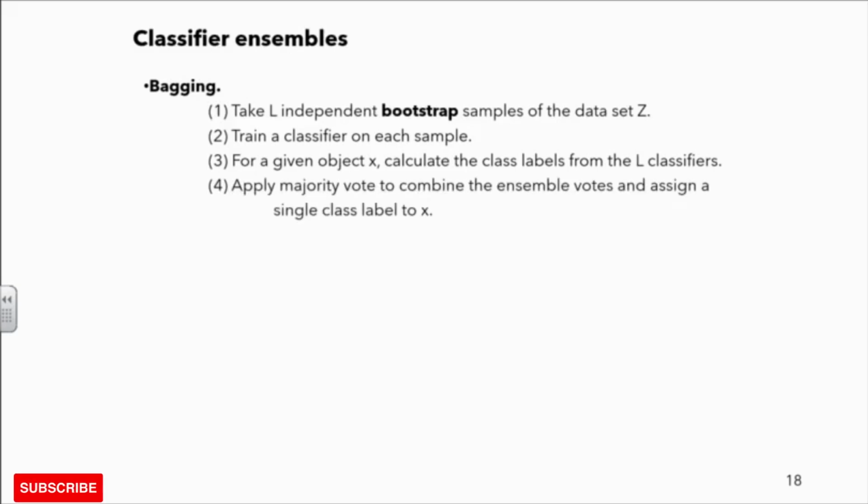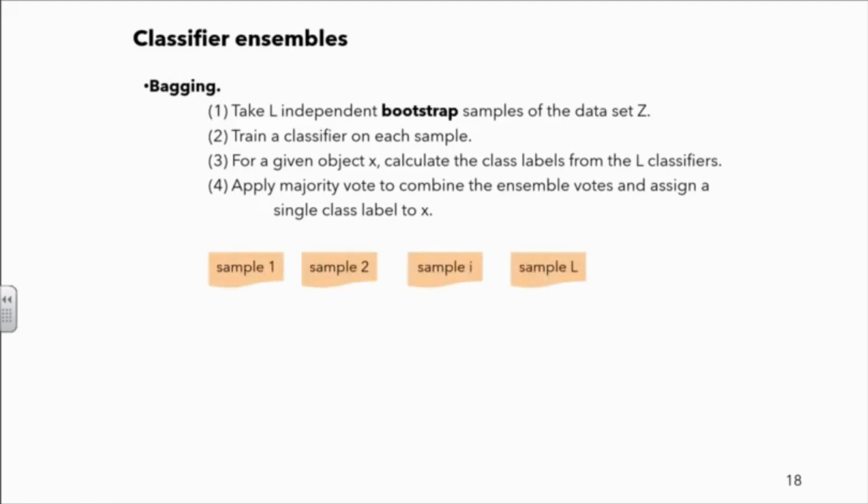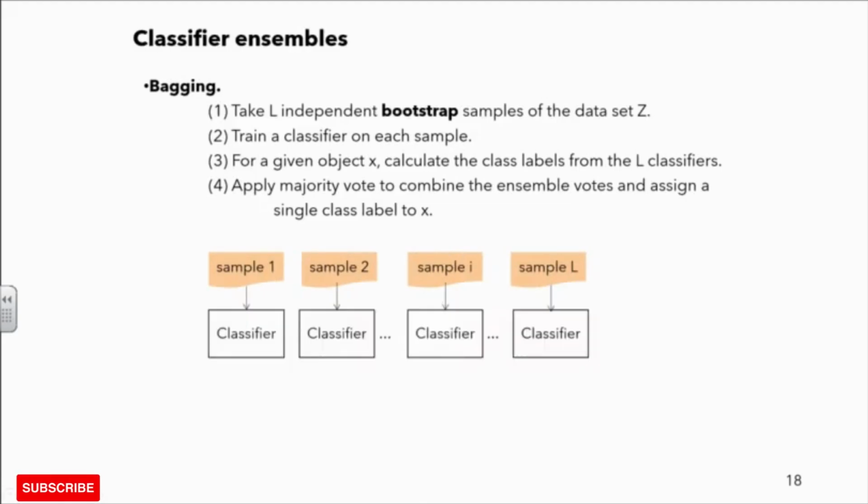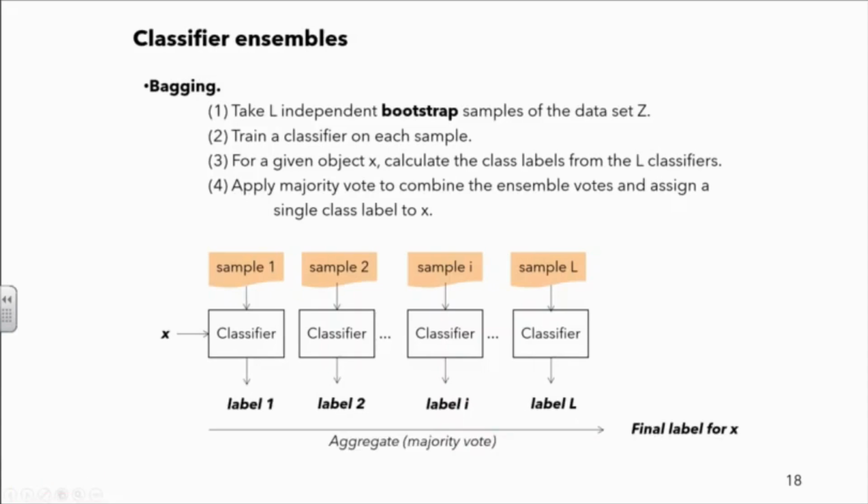And then we apply the majority vote to combine the ensemble votes, just like what you explained earlier. So we got our L Bootstrap samples. We train the different classifiers, every classifier on a different sample. Now we do a prediction on X. We have L labels, and we have the majority vote.